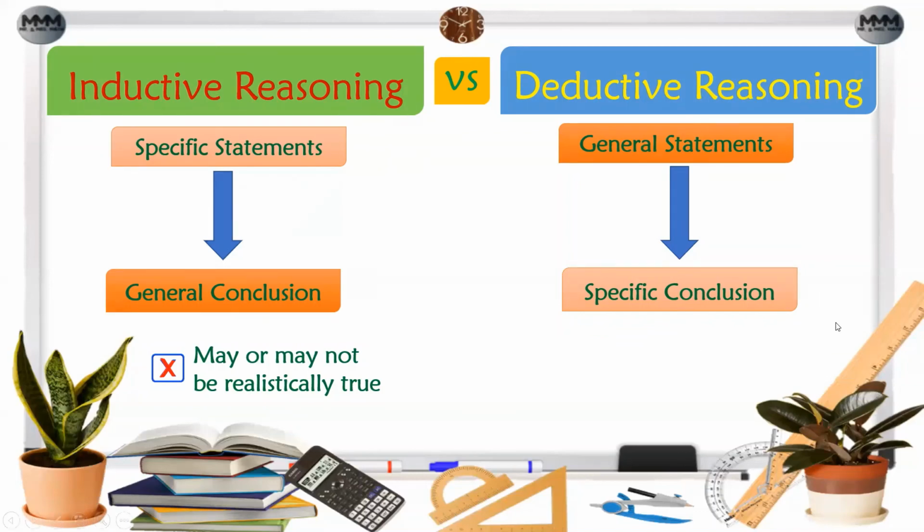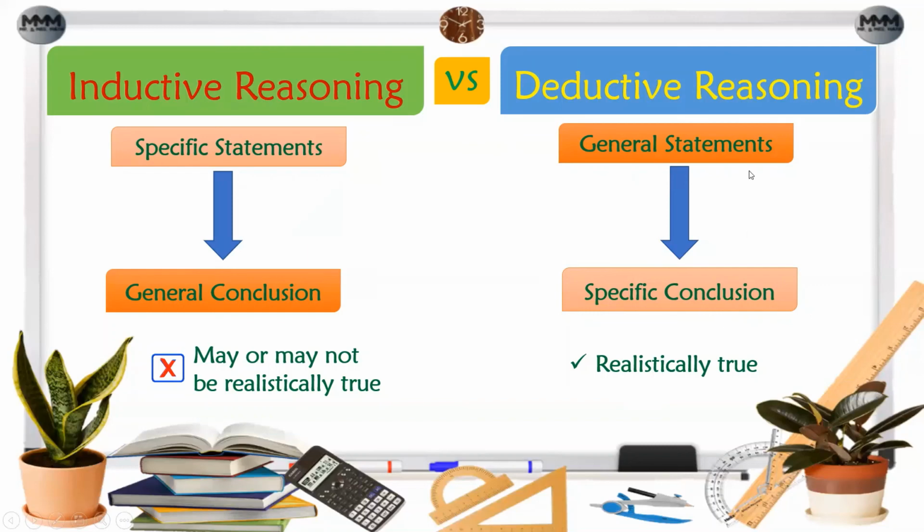In deductive reasoning, the specific conclusion is realistically true because we are basing it from our general statements, and then we arrive at a specific conclusion.